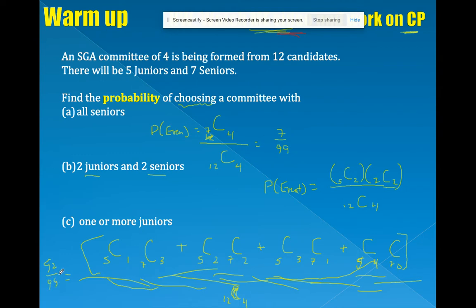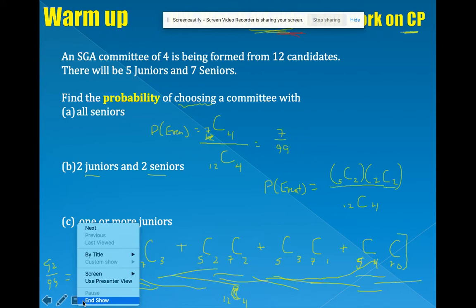But that's kind of annoying, right? Imagine I had a bigger committee to choose, I had more candidates to choose from. How many ways would I do that? We talked about an easier way to do this problem. Yeah, the complement.